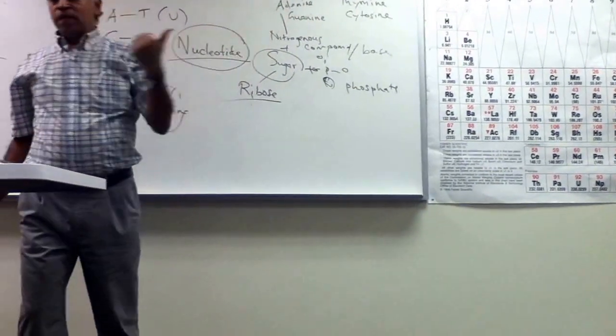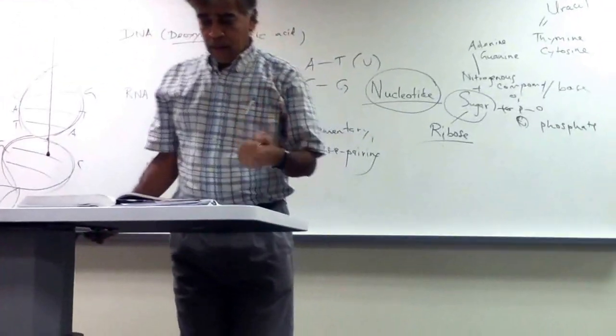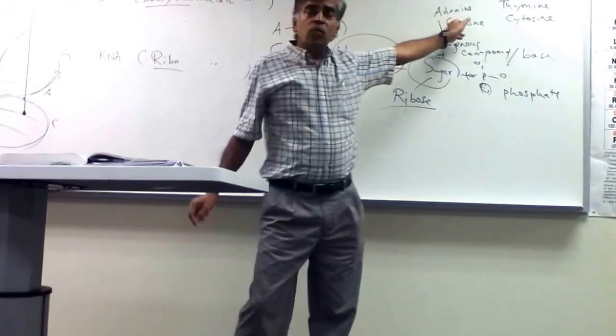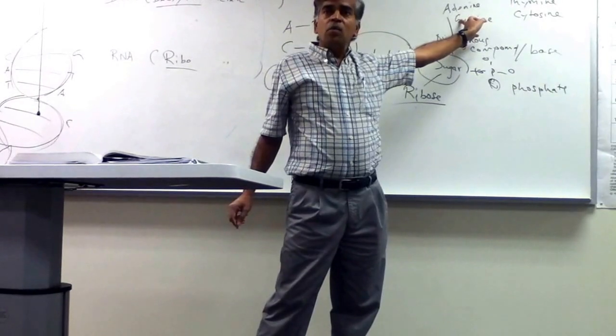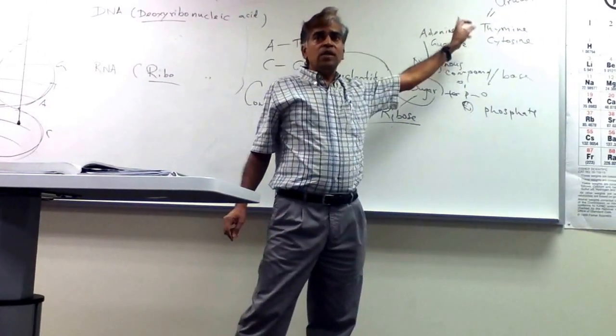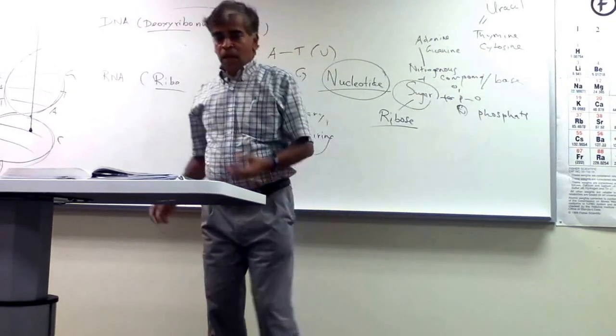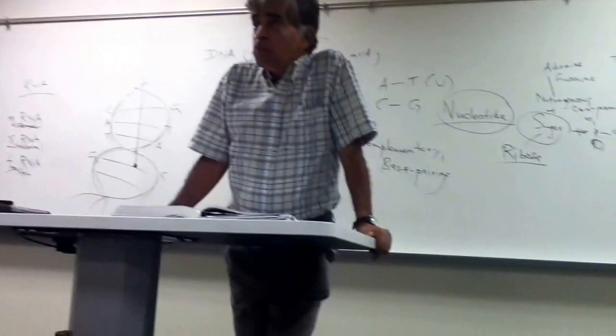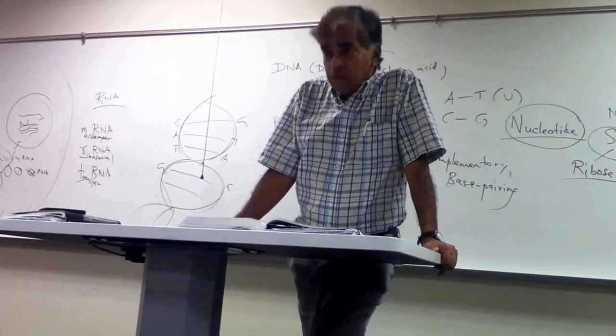So if it is the adenine nucleotide, you will see adenine. Depending on which one we are talking about, you will have a different nitrogenous base. It could be A, G, T, or C. The adenine and guanine, they call it purines, and the other three pyrimidines.